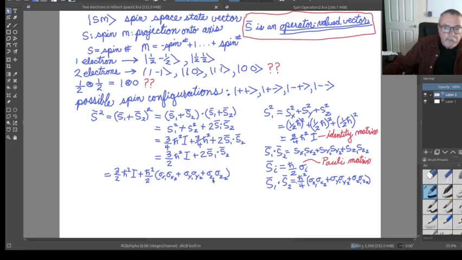Now, before we go on, I'm going to have to come up with another page because multiplying these matrices takes up a lot of space, but it's a lot of fun. Even if you don't believe me, I'm going to go ahead and do it.